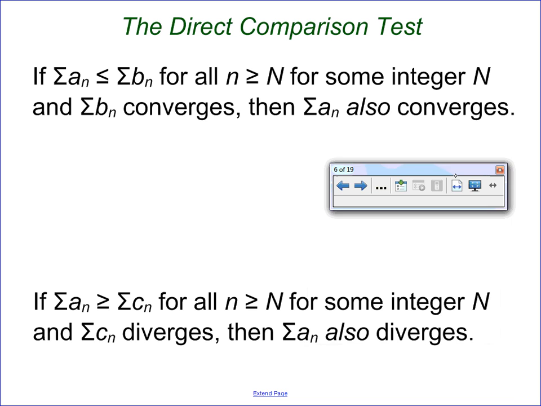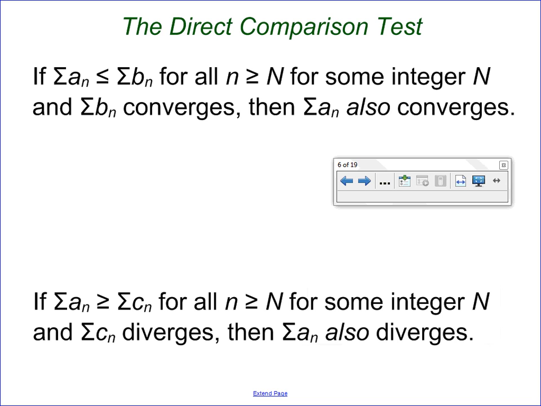As opposed to if we can compare my original with a known series that diverges: if my original is greater than or equal to the terms in a known series, call it the sum of c sub n, for all n greater than or equal to N for some integer N forever after, and my known series C diverges, then the original must also diverge.